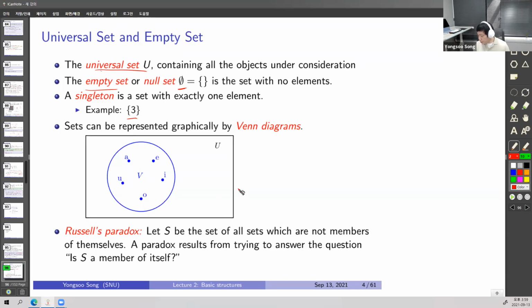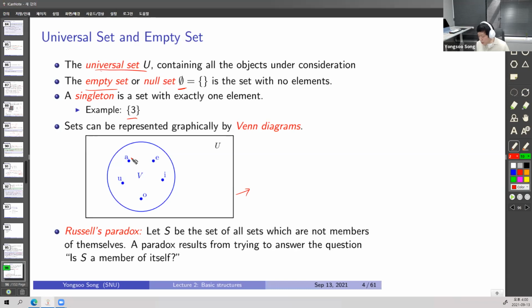We usually illustrate sets using a Venn diagram. The universal set U is often illustrated by this rectangle. The set is usually represented as this circle, and elements of this set are usually represented as points.